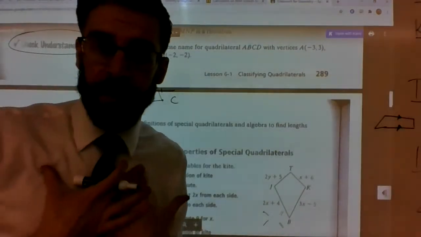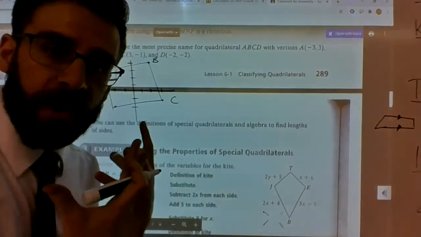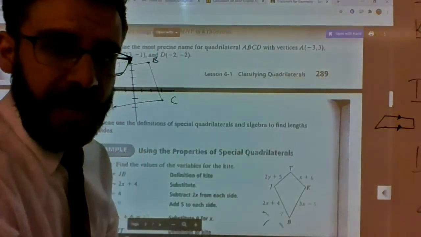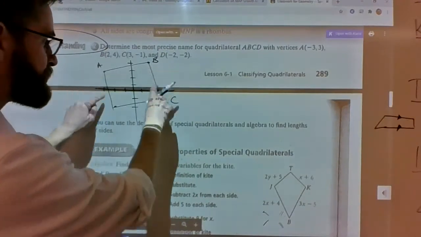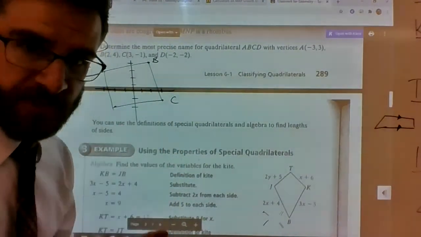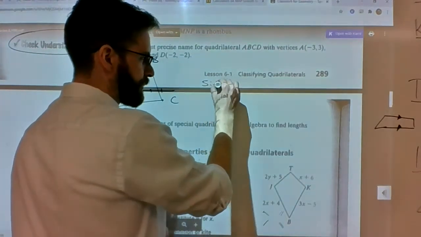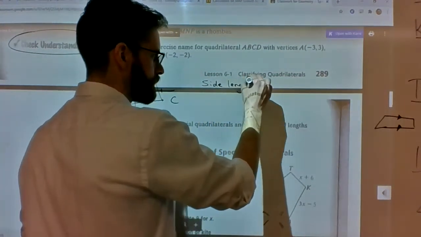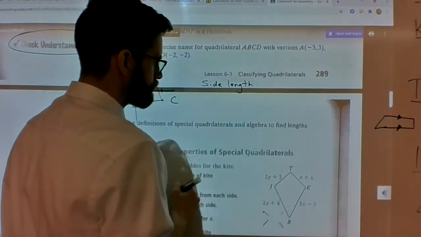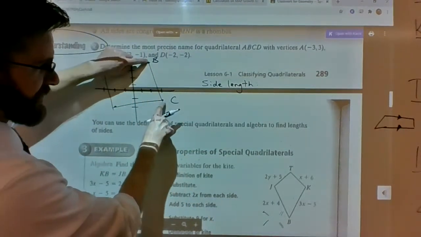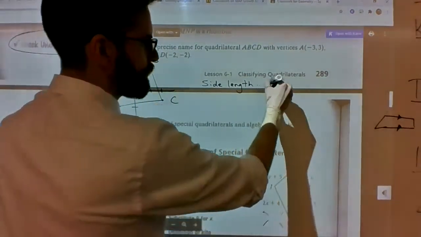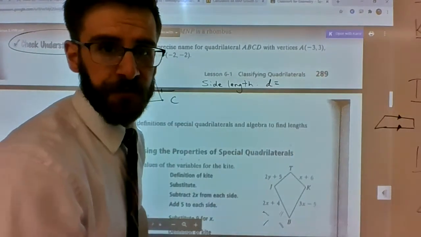So what we need to be able to do is to say, hey, what are the side lengths? And are these parallel to one another? So the question is, what do you do for side length? Well, it's the distance between 2 points. You'd use the distance formula.